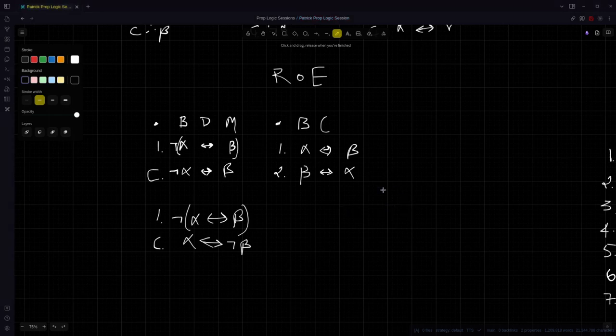You can do it by truth table, or you can use the material equivalence rule. So you get alpha implies beta and beta implies alpha, do a commutation of the regular conjunction, then you get beta implies alpha and alpha implies beta, and then do another material equivalence and you get this.